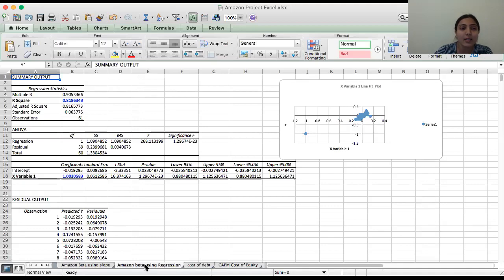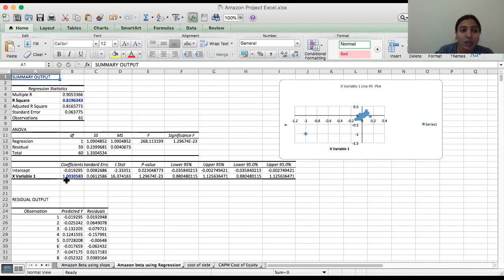This data analysis is in the Data tab, and in it there is an option called regression. When we select regression and put the return of Amazon in the y input and the return of S&P in the x input, and then select the confidence interval of 95%, we can get this whole data of R-square and the beta.